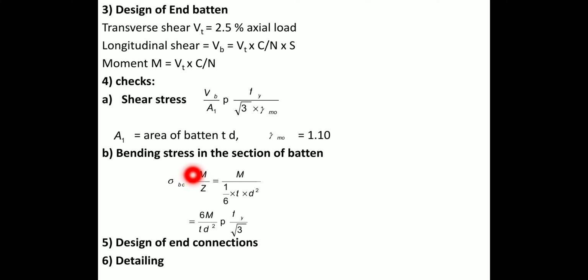Then the bending stress in the section of batten, denoted by sigma bc, is M by Z equal to M divided by section modulus Z, which is nothing but 1 by 6 times thickness into depth squared. We can revise or modify this equation in the last step: design of end connections and detailing for the end as well as the intermediate batten system.